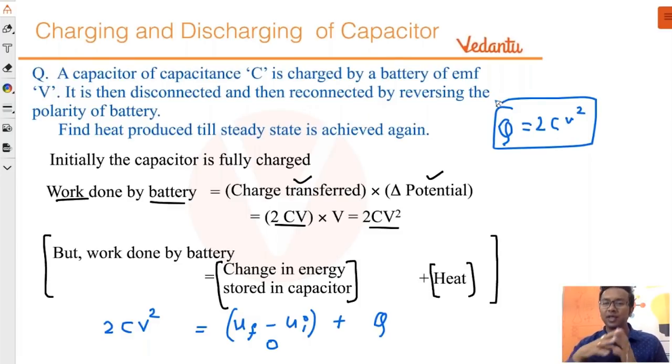You calculate the initial charge, you calculate the final charge, and then you apply the equation that whatever is the work done by the battery, this is the entire key thought behind these questions. Whatever is the work done by the battery is going to go in 2 ways. One, change in energy across the capacitor, and second, whatever is the heat dissipated across the resistors or the external wires. All right, students.